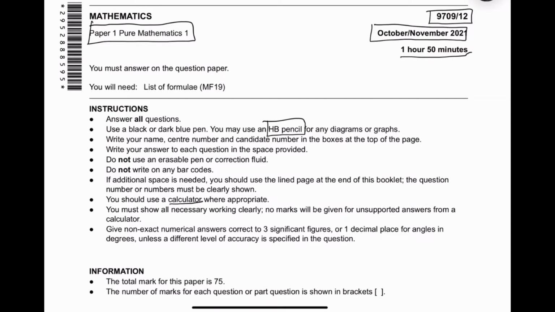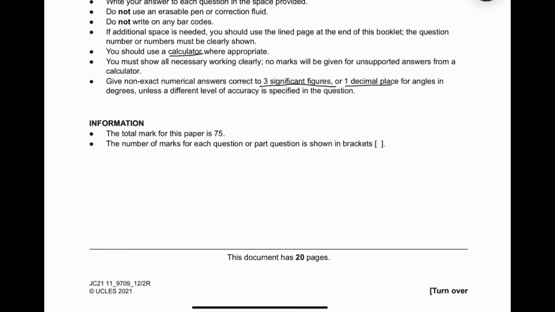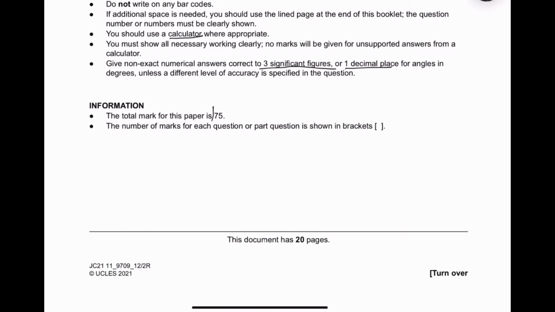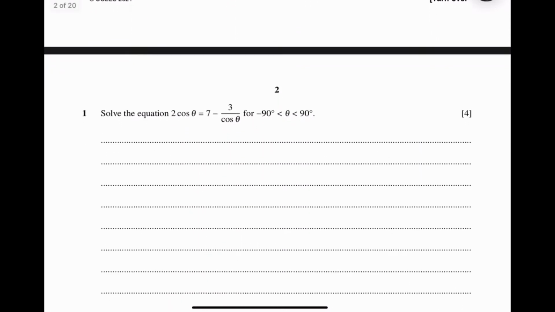You can write the answers in three significant figures, or one decimal place for angle, and you must write your answers in the space provided. The total marks of this paper is 75, and the marks are given in brackets. So your first question now, trigonometric equation.